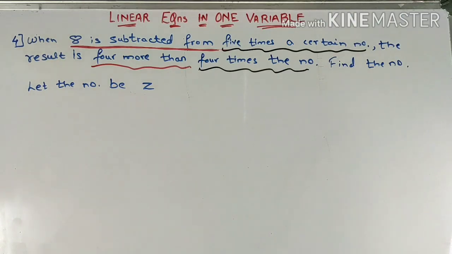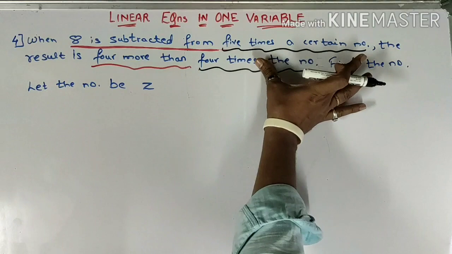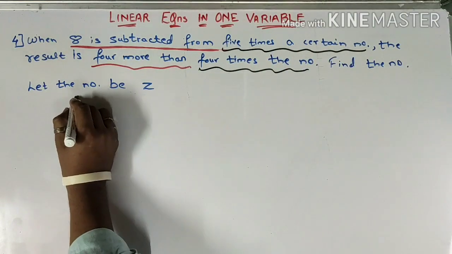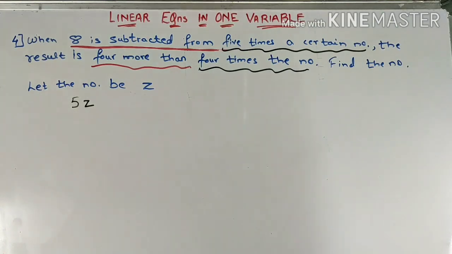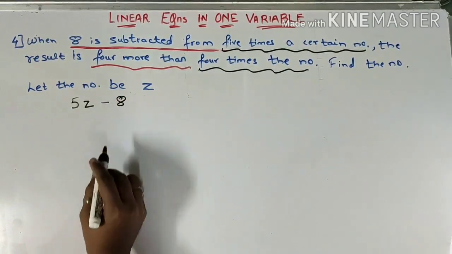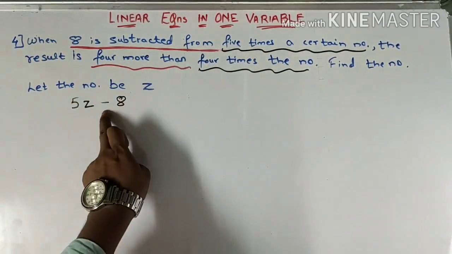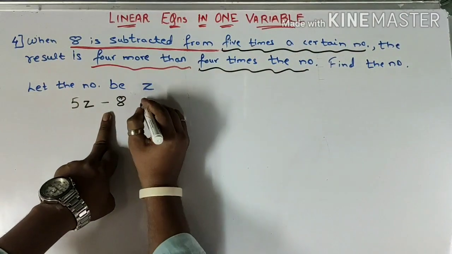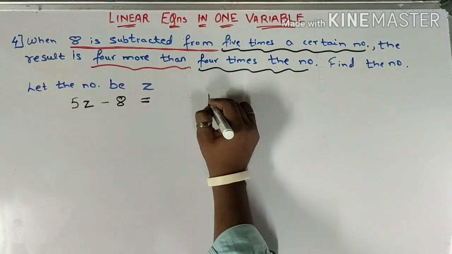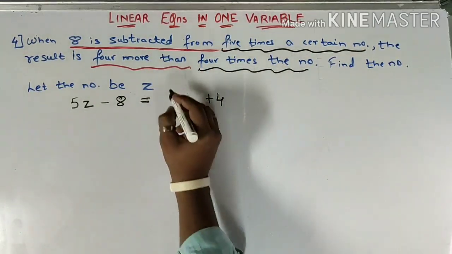So when 8 is subtracted from 5 times a certain number, that means when I do 5 times a certain number, 5z, and 8 is subtracted from it, the result is, that means it is equal to 4 more than, that is plus 4 more than 4 times the number.